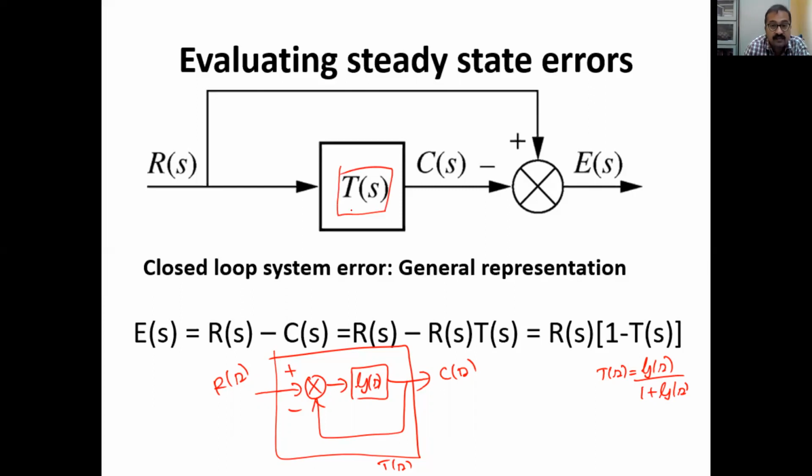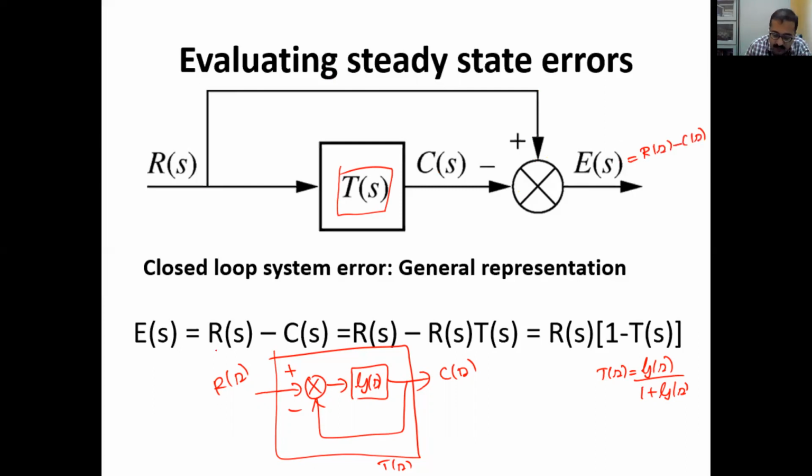Now, if you want to find error here, how will you find? You must have input, you must have output. This is the input and this is the output. So straight away you cannot find. So what you have to do, you have to draw a signal channel from the input with unity gain. Negate the output and add it, so that you get E of S as R of S minus C of S. Now what is error?